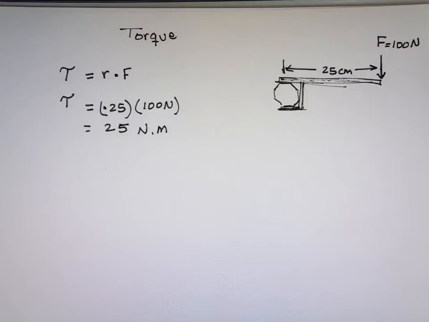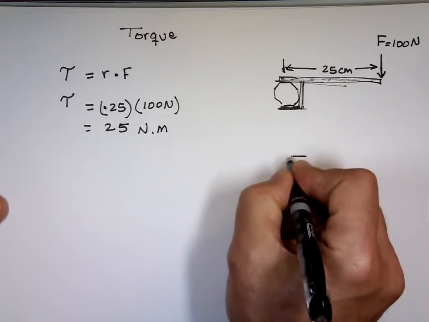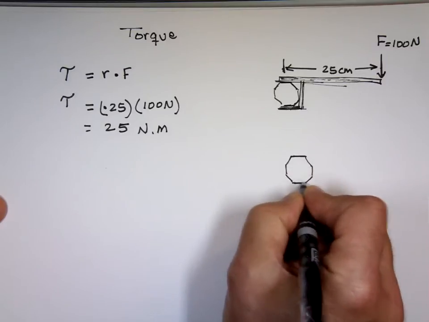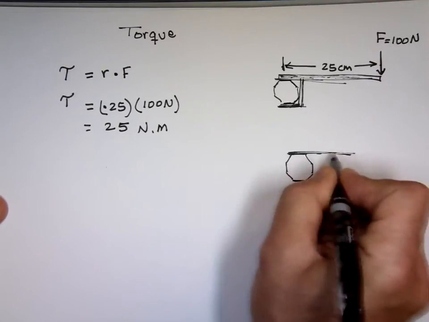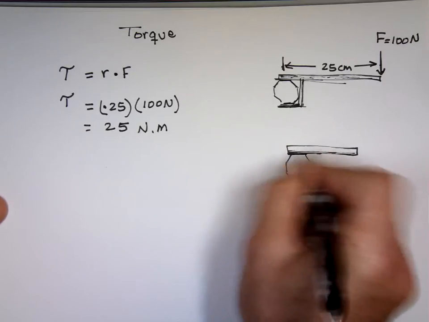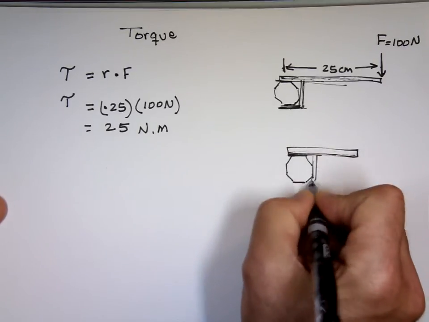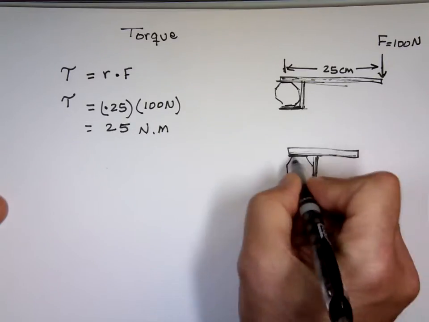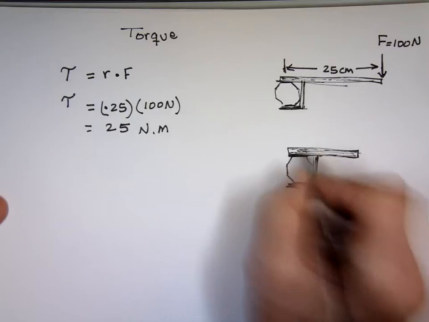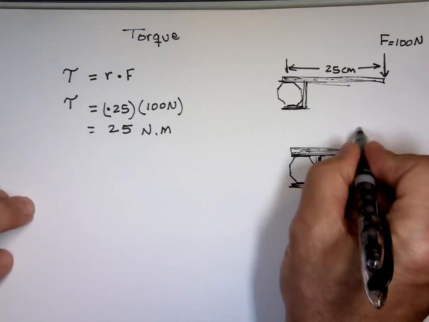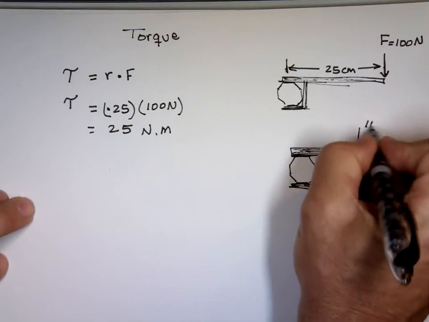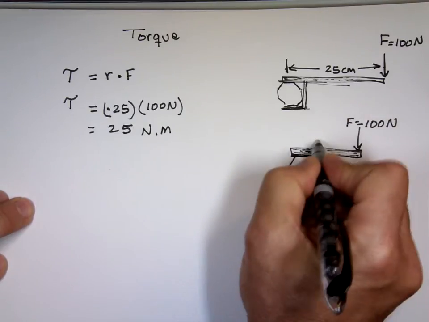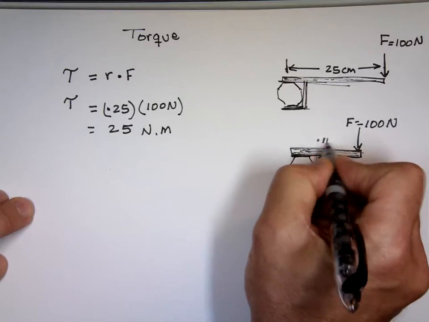Now, if you go and get a small wrench instead of that big one, again the same nut here, and you apply the same force here, but the radius here is 10 centimeters, 0.10 meter.